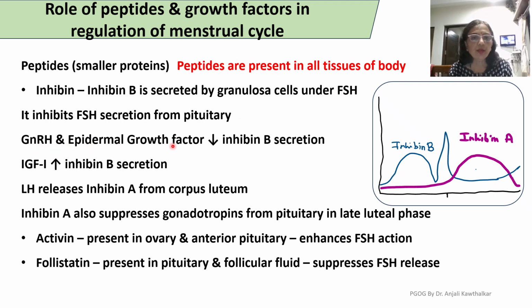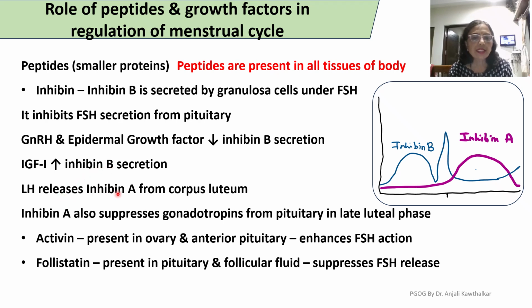GnRH and epidermal growth factor reduce inhibin B secretion, whereas insulin-like growth factor 1 increases inhibin B secretion. As inhibin B secretion increases, there will be a fall in FSH.